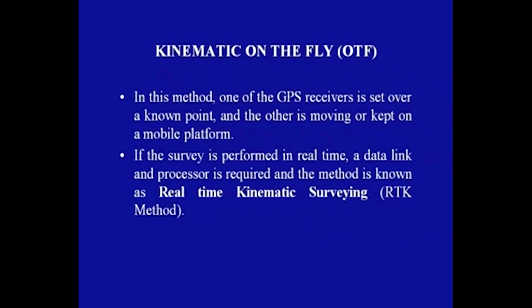In this method, one of the GPS receivers is set over a known point and the other is moving or kept over a mobile platform. If the survey is performed in real time, a data link and a processor are required, and the method is known as real time kinematic surveying, or what we call the RTK method. So, let us look at what actually is RTK.